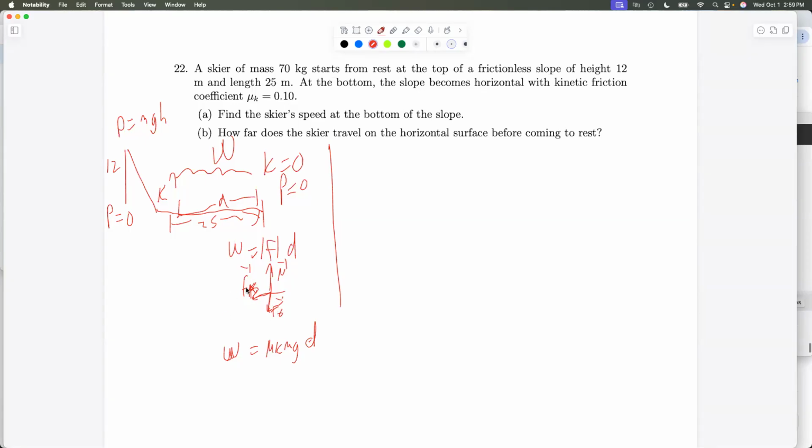They do no work. He's doing all the work. So what that means is mgh equals mu k mgd, and it will also equal 1/2 mv squared. When I say v here, I mean right there. And all the m's cancel out. We don't need the m.